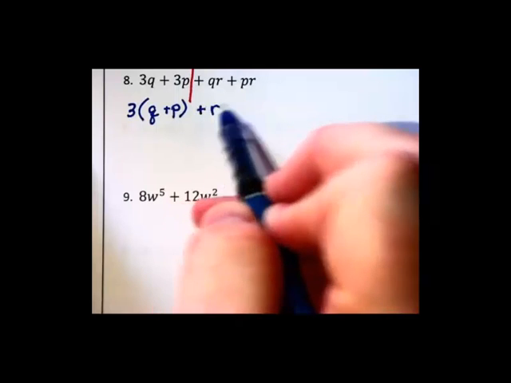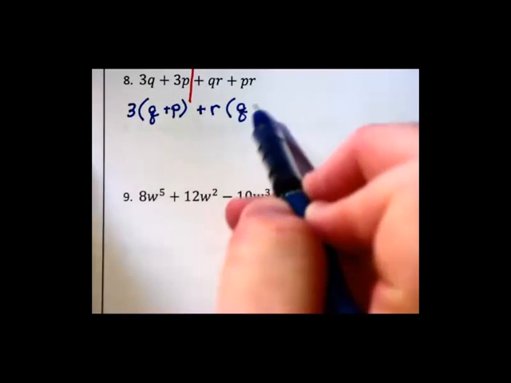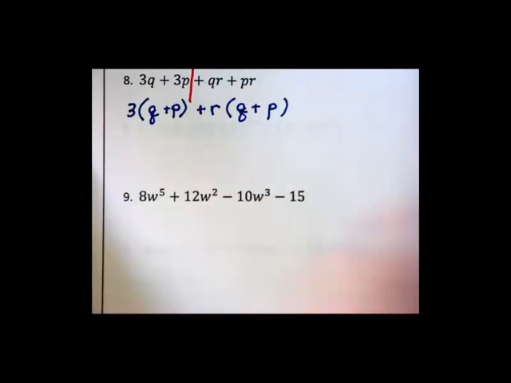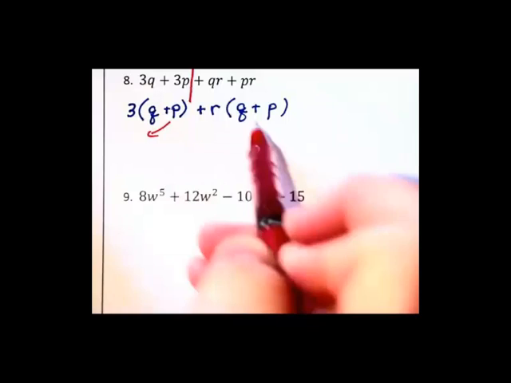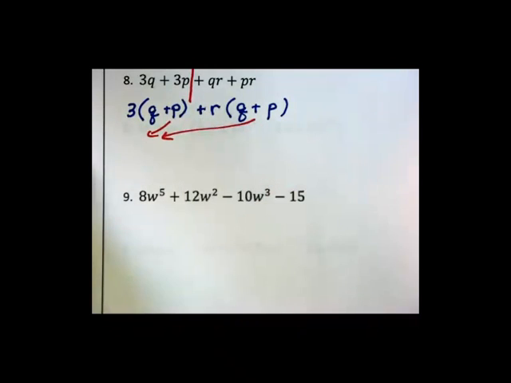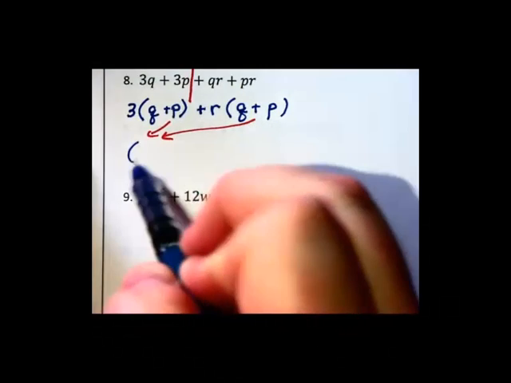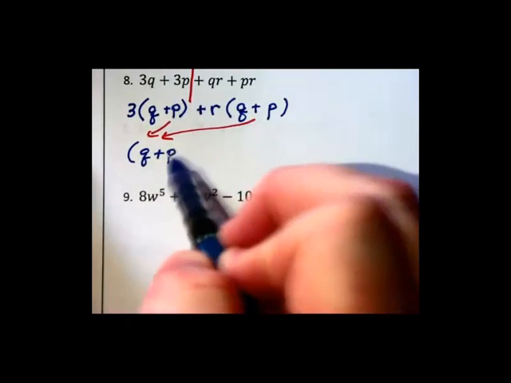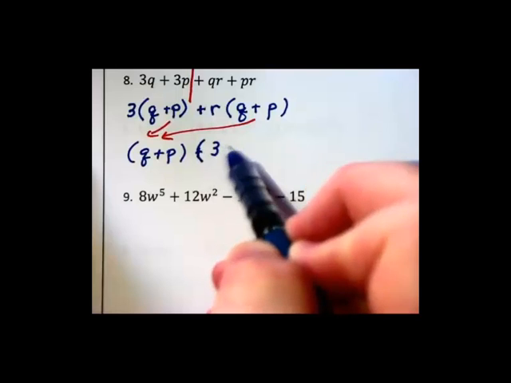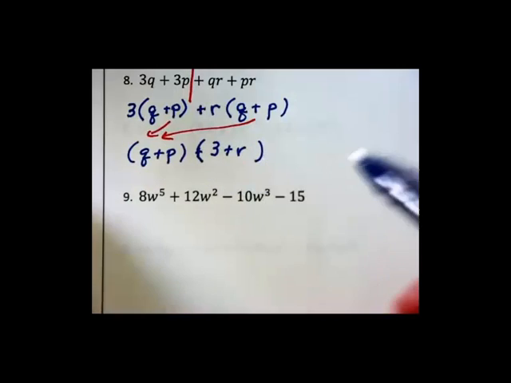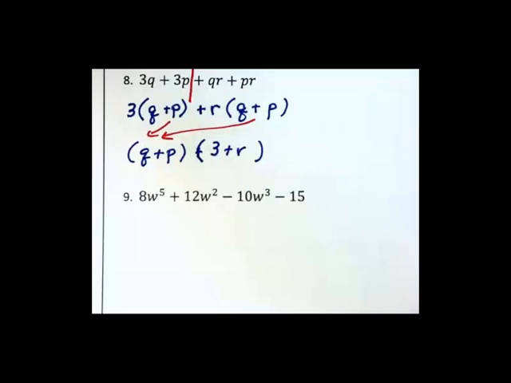I'm going to divide the r out, leaving q plus p. And then I have what we had in the line above. q plus p is common to each half of the problem and can then be factored out in front. Not plus, this should be times 3 plus r. So this problem added an extra step beyond the 2 problems above it, where you had to figure out how to split it up first.